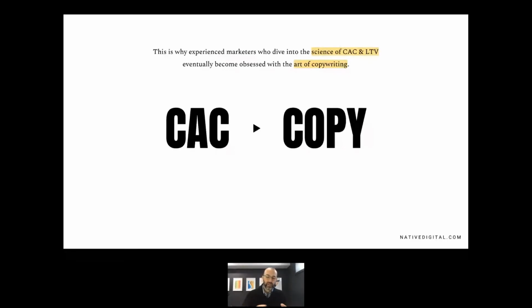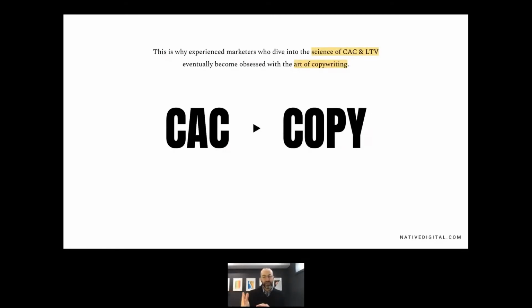And what I've found is that once they've obsessed about that for a couple of years, their new obsession becomes the art of copywriting. I've seen it in a number of marketers that I admire, which is they talk about CAC all the time, LTV all the time. And a couple of years later, the only thing they're talking about, check their LinkedIn feed, it's all switched over to copywriting. I think that's so interesting, that's sort of this progression of marketers.